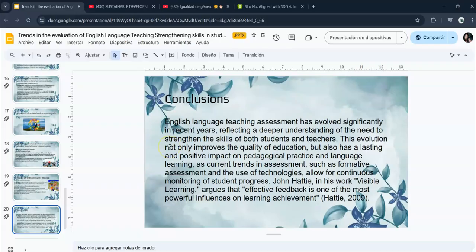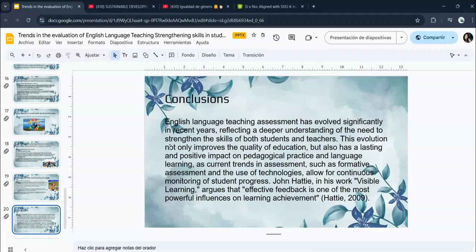In conclusion, English language teaching assessment has evolved significantly in recent years, reflecting a deeper understanding of the need to strengthen the skills of both students and teachers.